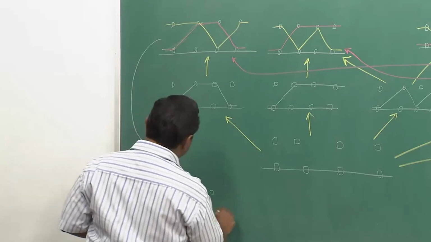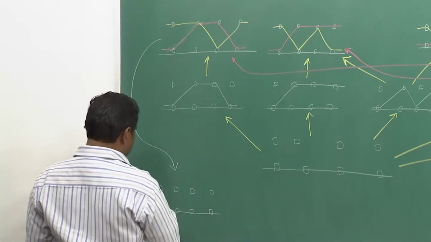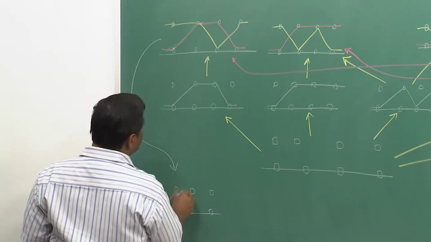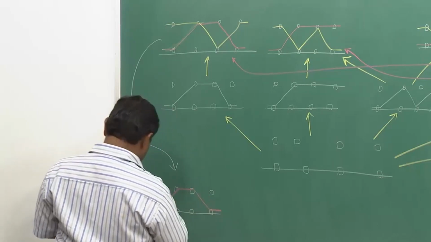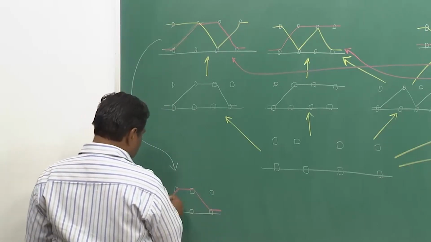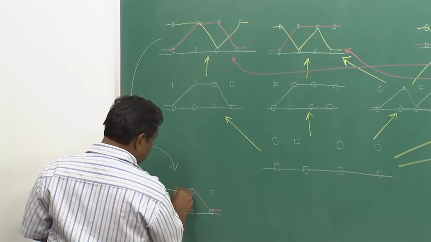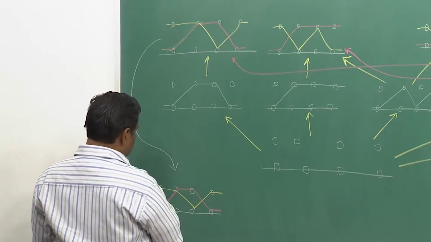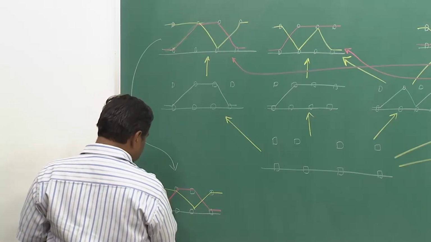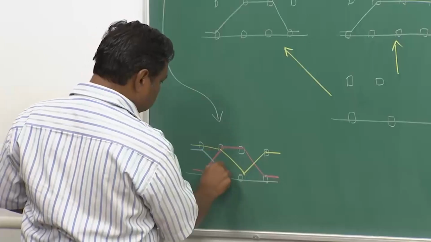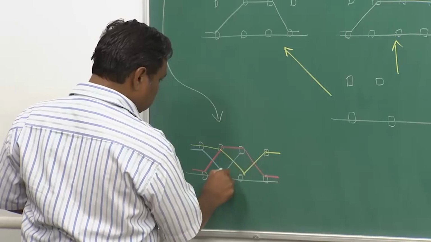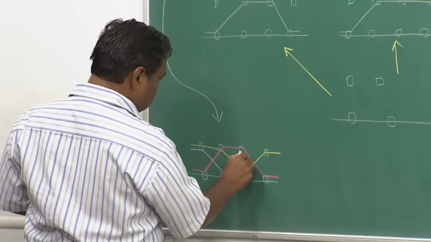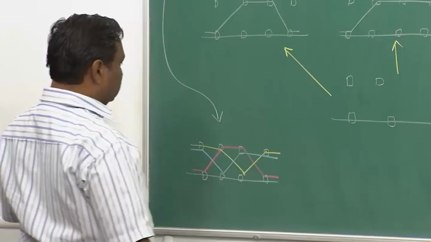You have a straight line, you have a pink one going this way, the yellow one, and of course, we have a blue one. This is what is going to come.